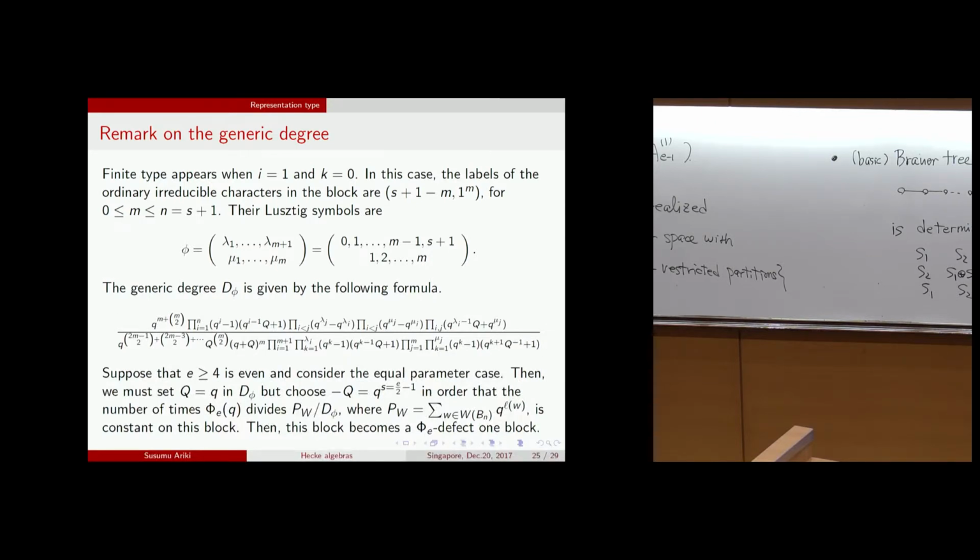Okay, and this is by appealing to the height zero conjecture of the corresponding finite group of Lie type.